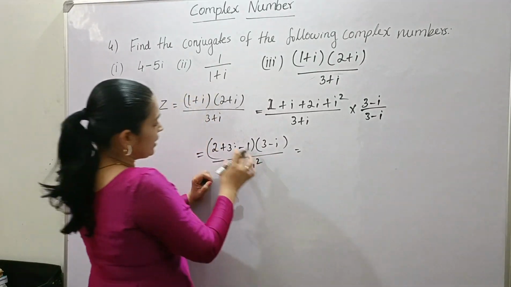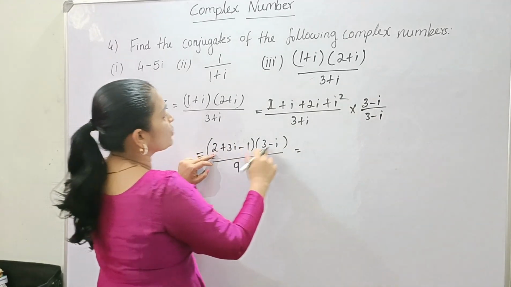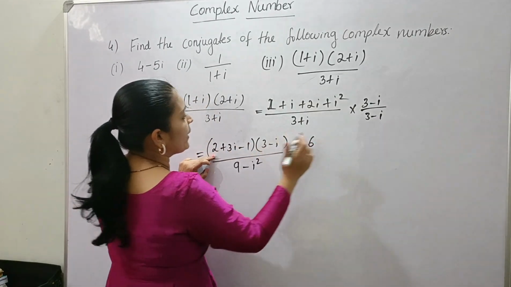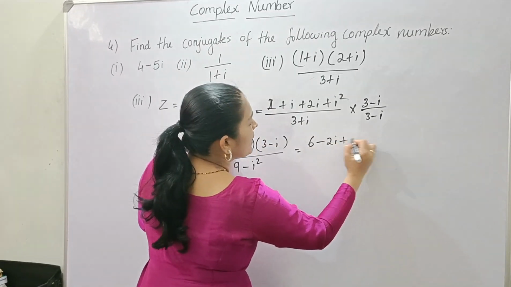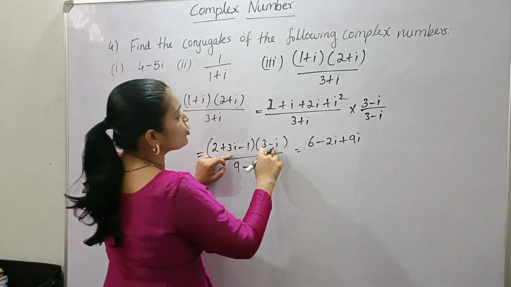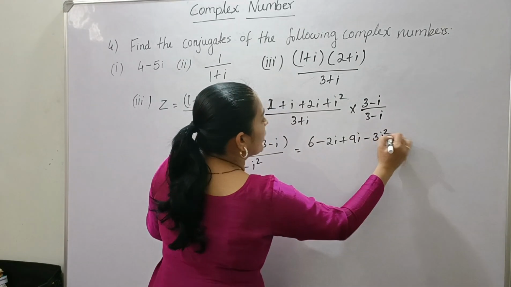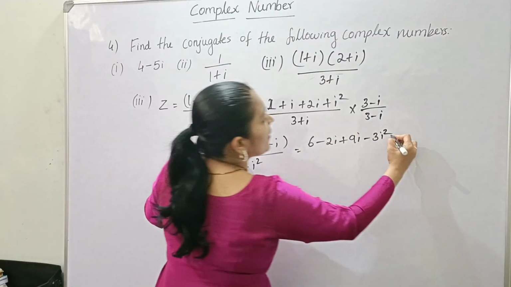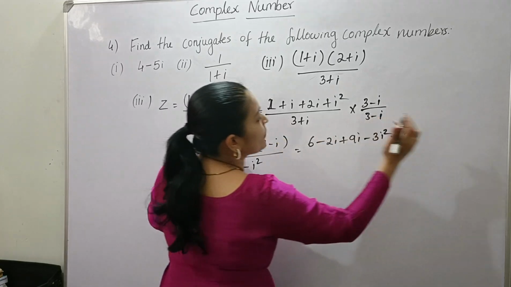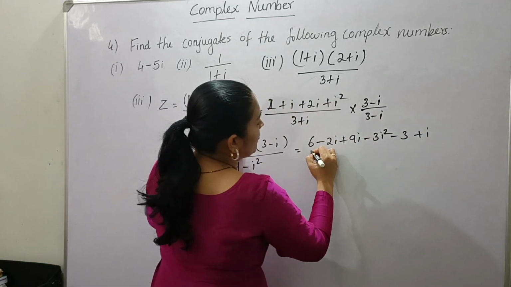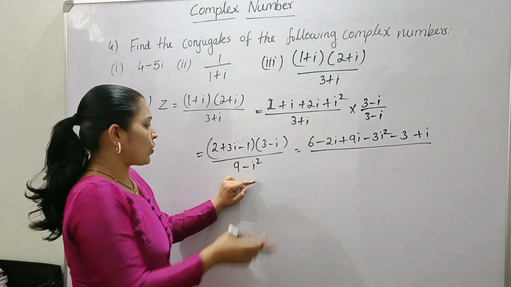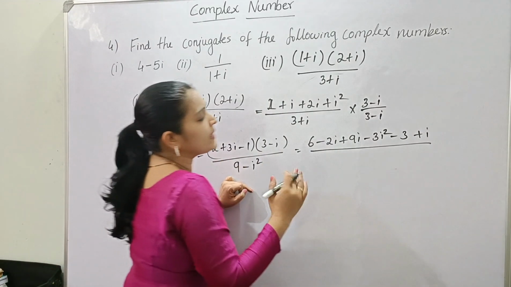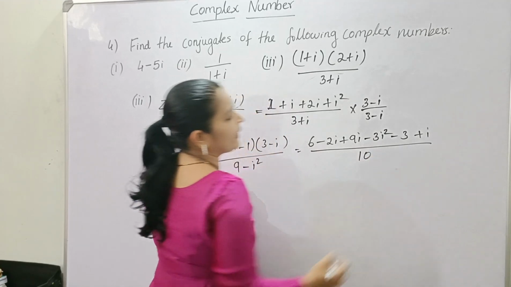That is equal to, here also expand it, 2 into 3, 6, 2 into minus i, minus 2i, plus 3i into 3, plus 9i, 3i into minus i, minus 3i square, minus 1 into 3, minus 3, minus 1 into minus i, plus i, divided by, i square value is minus 1, so 9 minus minus 1, that is 9 plus 1, that is 10.